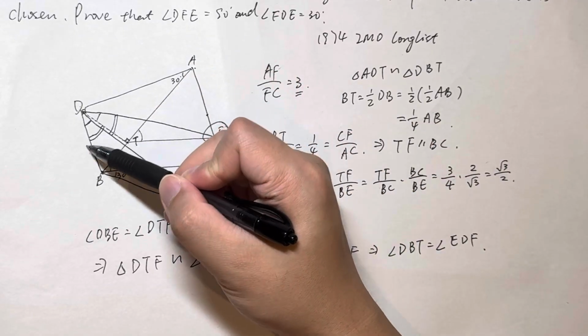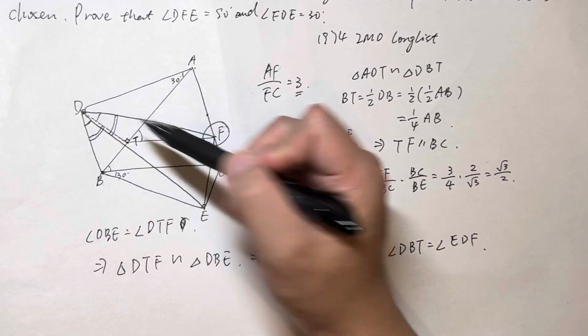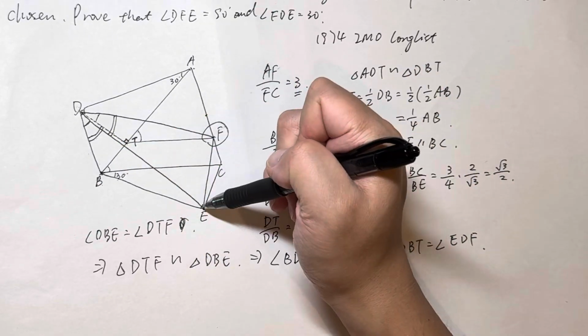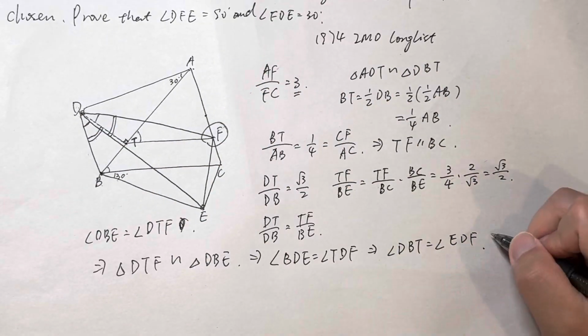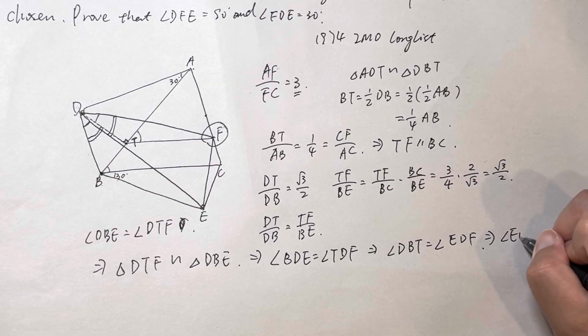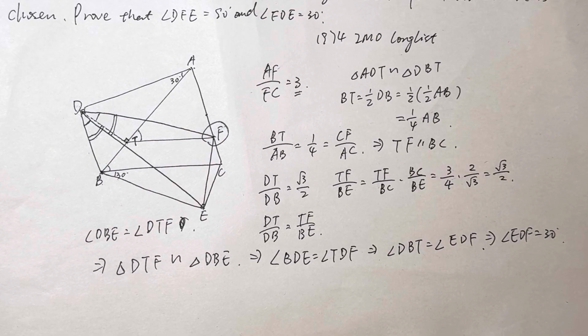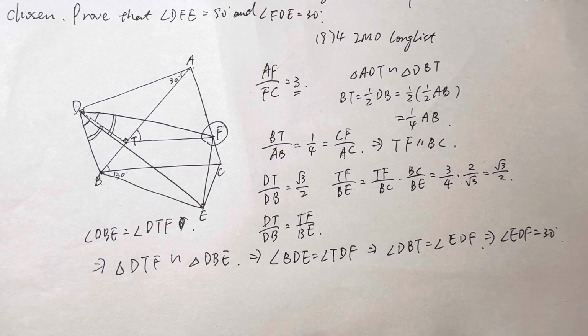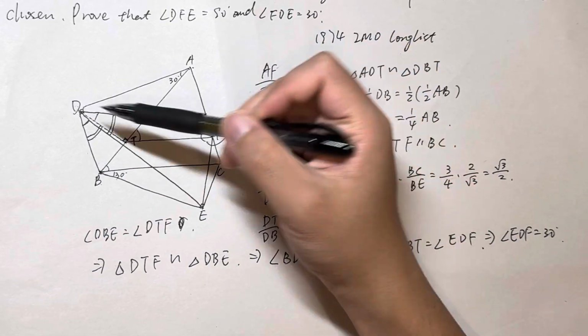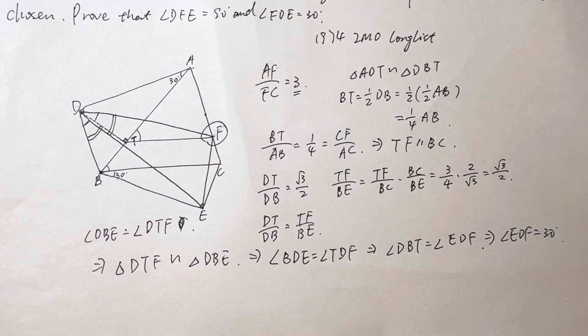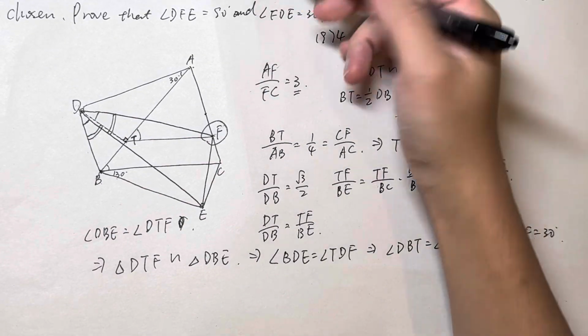And we know that angle BDT is 30 degrees, so angle EDF is 30 degrees. Now we know that angle EDF is 30 degrees, so we proved this part.